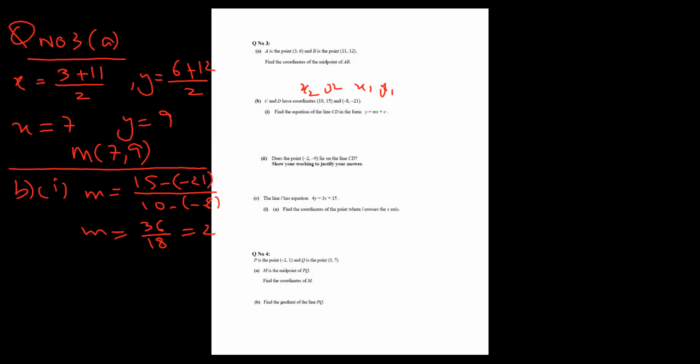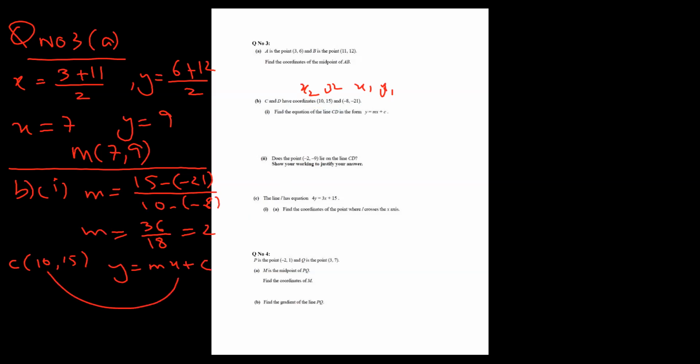Now he's asking for CD, I can use any point. Either I use C or use D, no issue at all. But I'm using C. The formula, you know, y is equal to mx plus c. What is the y value? 15.